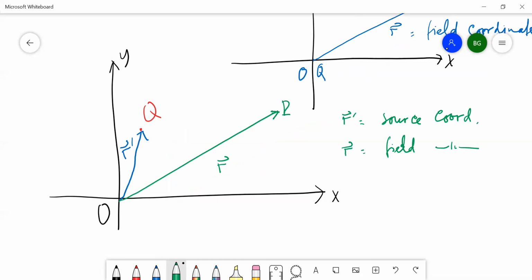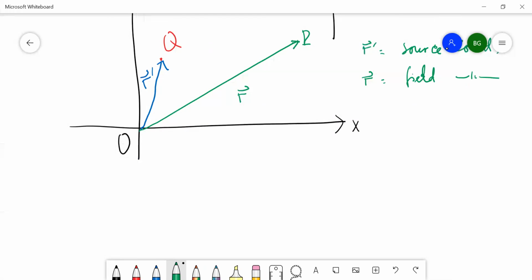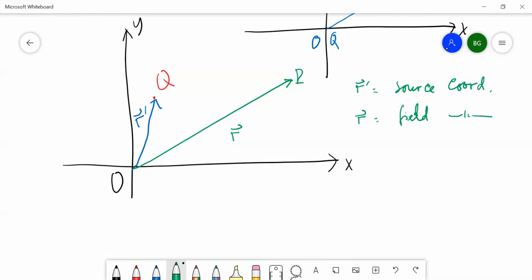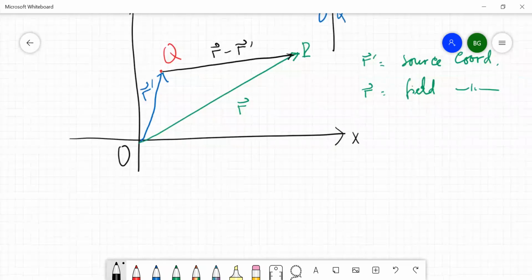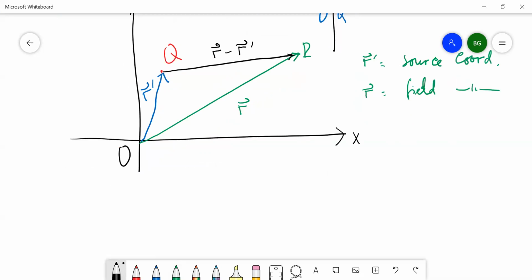So we want to know the field at the point P. In this case, we have the vector difference between them. This is R minus R prime.